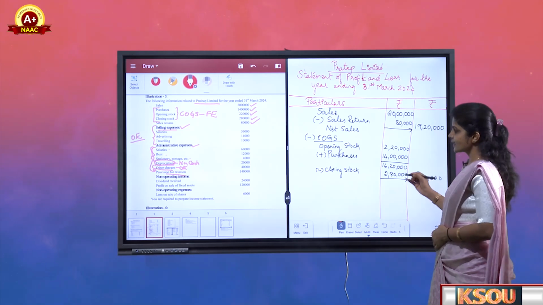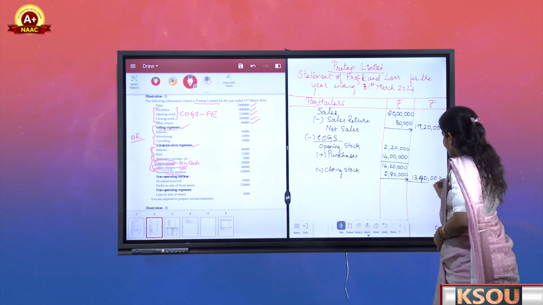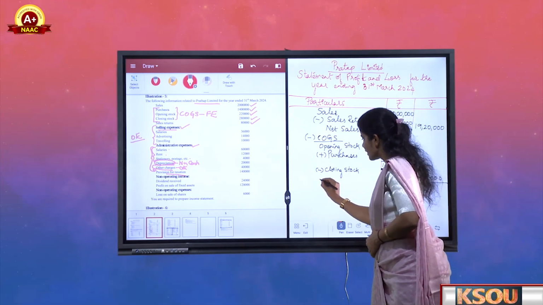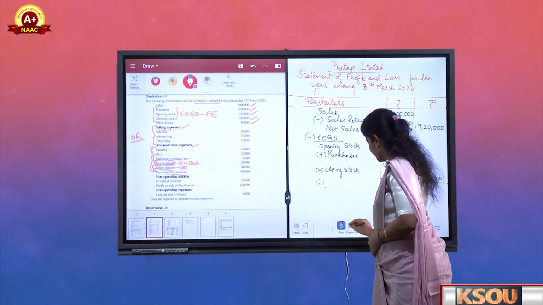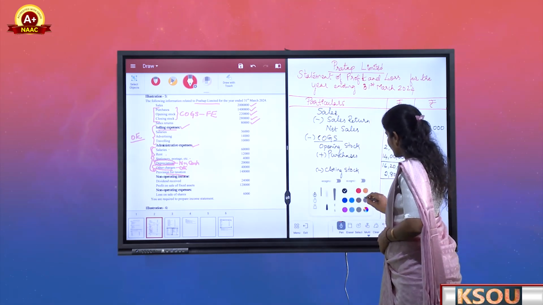So let us deduct this, sales minus cost of goods sold. If you deduct sales minus cost of goods sold, then the balance is called gross profit.